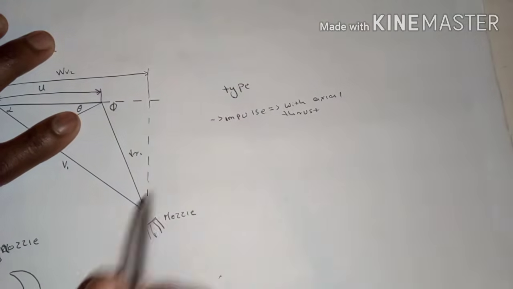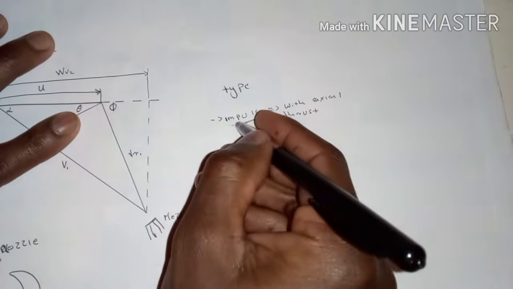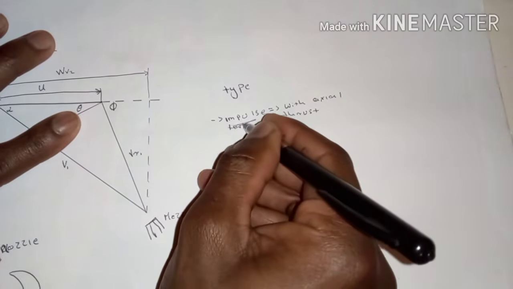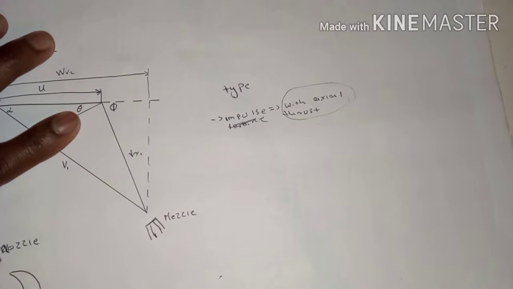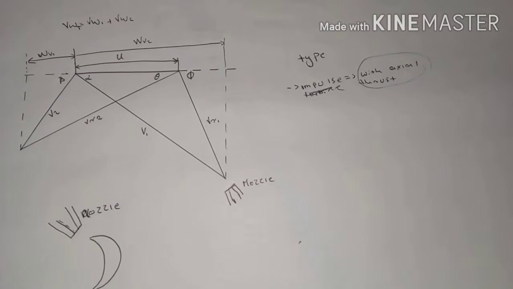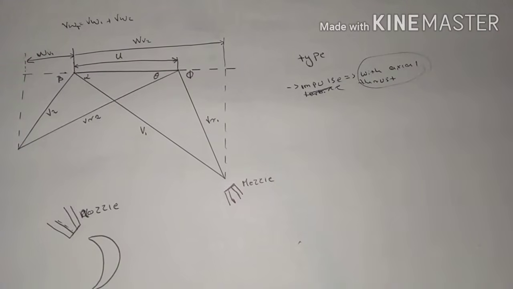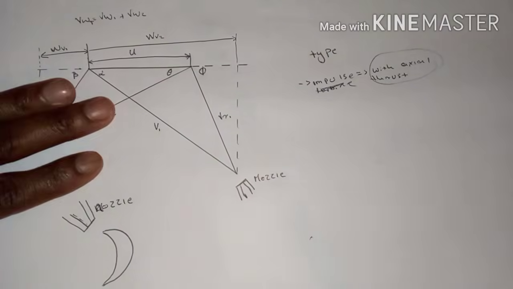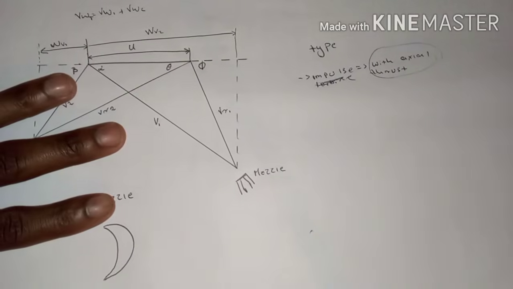So whether they tell you about an impulse turbine or about a velocity diagram with axial thrust, you must know that they are referring to the same thing. This is the type of velocity diagram with an axial thrust.